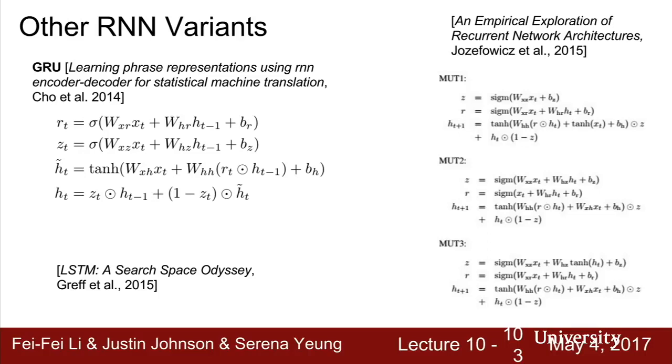The conclusion is that they all work about the same. Some of them work a little bit better than others for one problem or another, but generally, none of the tweaks they tried were significantly better than the original LSTM for all problems. So that gives you a little more faith that the LSTM update equations seem kind of magical, but they're useful anyway. You should probably consider them for your problem.